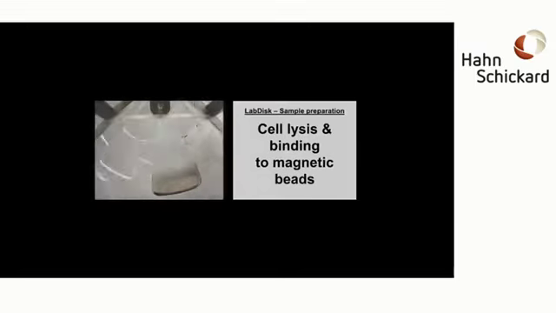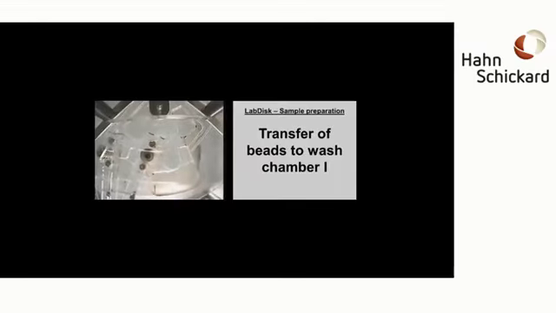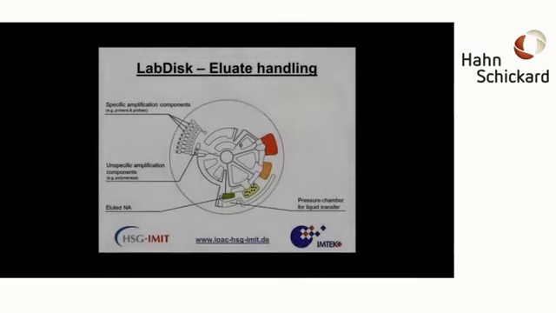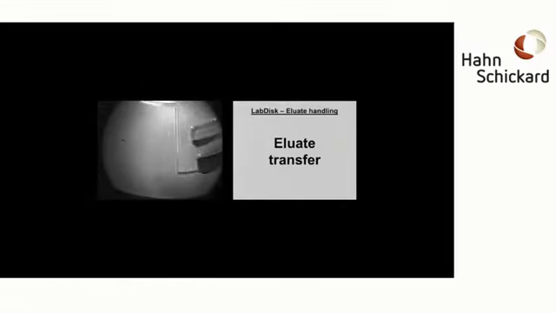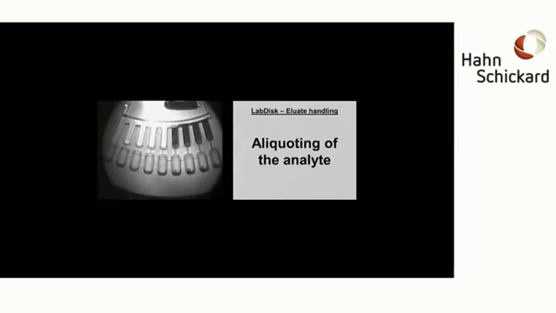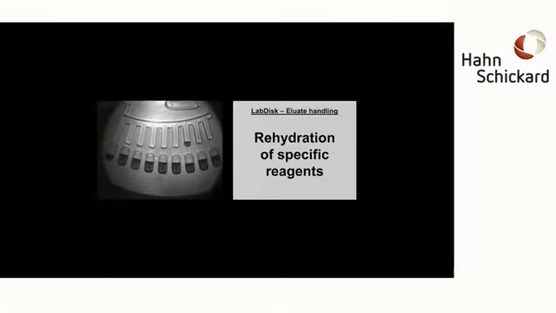So you add the sample, and then the sample is lysed, and nucleic acids are bound to magnetic beads, which are transferred from one wash chamber to another in order to wash the nucleic acids, and finally to get the clear eluate, which has both DNA and RNA. After that, the eluate is transferred automatically to a chamber where the polymerase is in place and is aliquoted to the reaction chambers where the qPCR takes place, and you have the rehydration of specific reagents, meaning TaqMan probes and qPCR primers.